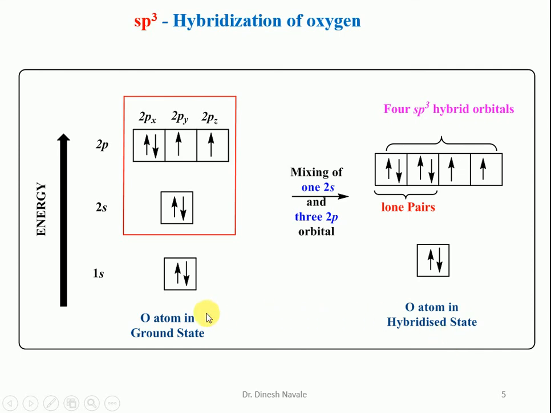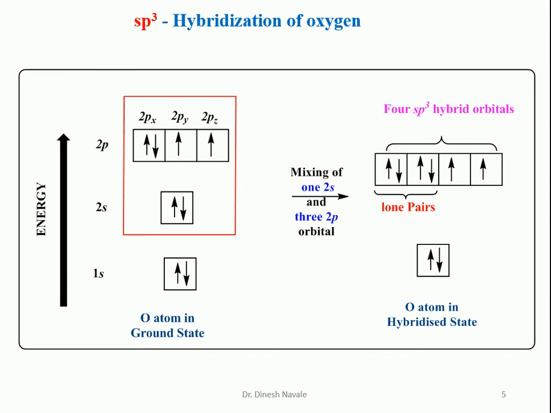The oxygen atom in the ground state will be 1s2, 2s2 and 2p4, where 2p4 is 2px2, 2py1 and 2pz1. 1s will have the lowest energy, 2s will have higher energy, and 2p will have higher energy than 1s and 2s.